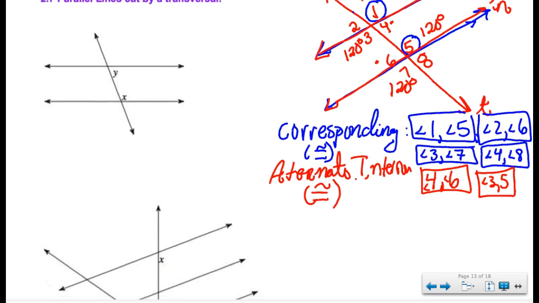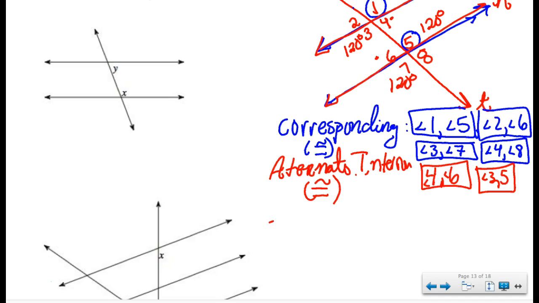So let's go take a look at another pair. We also have what's called alternate exterior. Similarly, they have to be outside of the parallel lines. So 1, 2, 7, and 8 are on the outsides of the parallel lines. Those are called exterior.